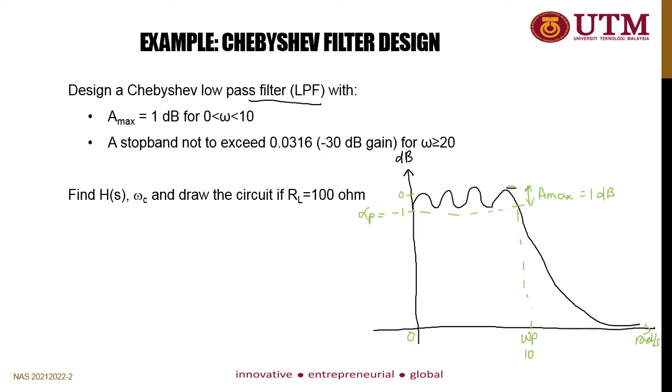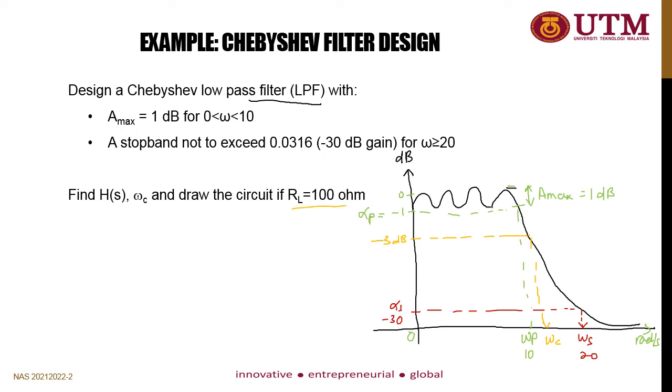This is followed by a stop band not to exceed these values. So alpha S is negative 30 dB, and omega S is equal to 20 radian per second. Then you have another one, the cutoff frequency, which is negative 3 dB, and you have your omega C there, which is not given.